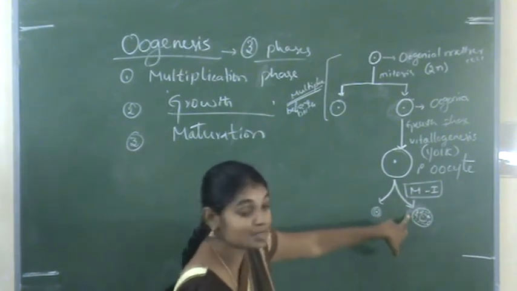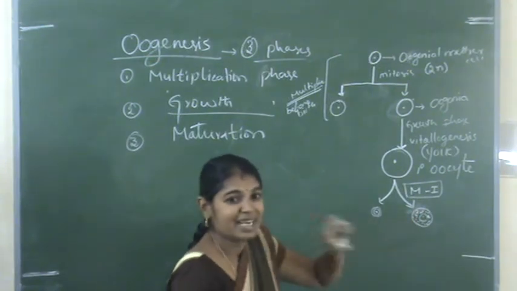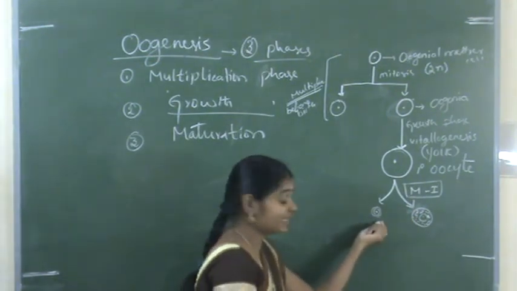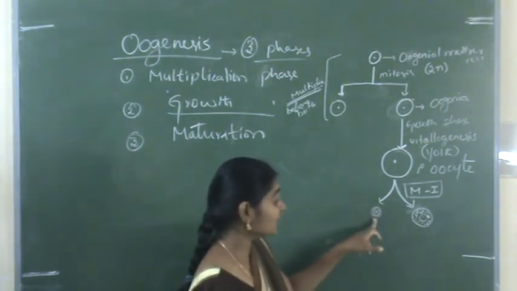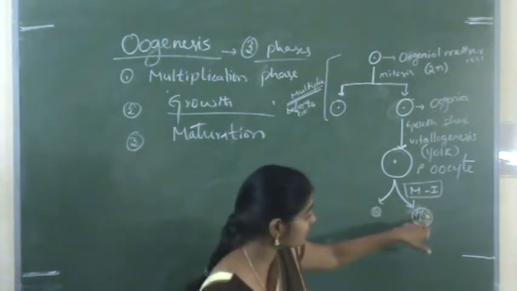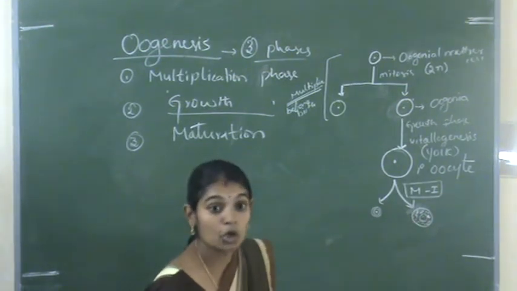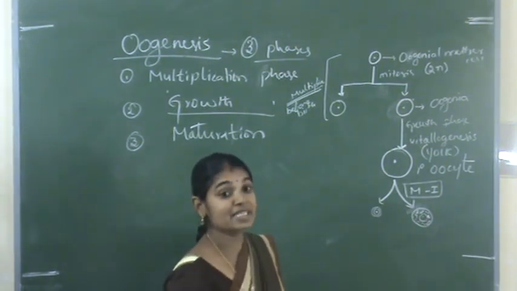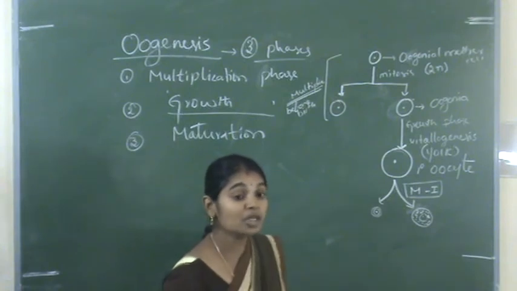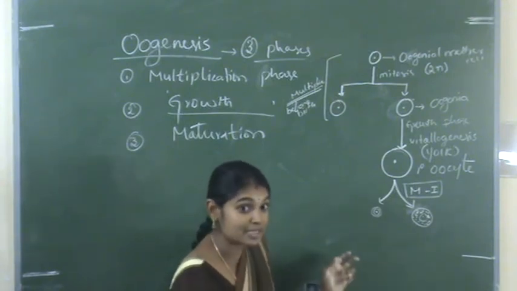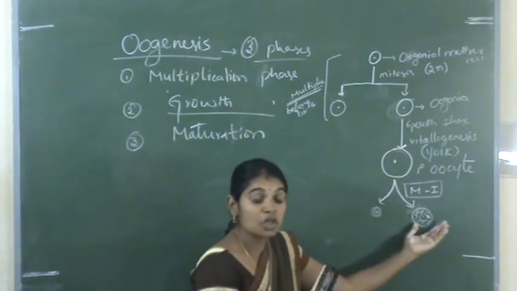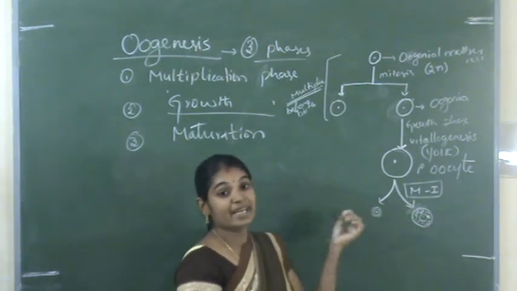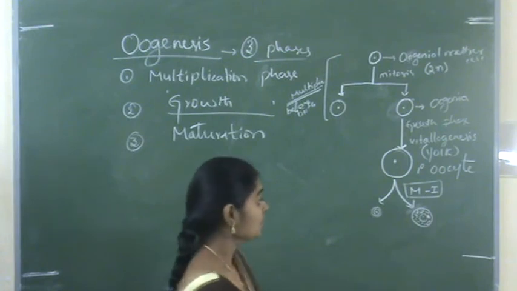More cytoplasm is present in this cell, less in this cell. But the nucleus is equally divided. This gets 23 chromosomes and this nucleus gets 23 chromosomes. The only difference is the amount of yolk and cytoplasm. So here it gets more cytoplasm and this gets less cytoplasm.